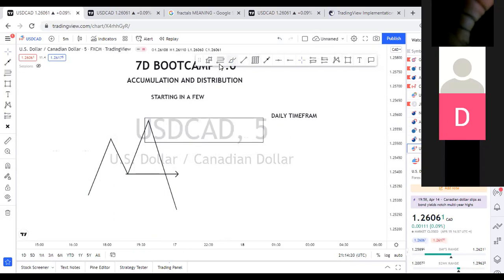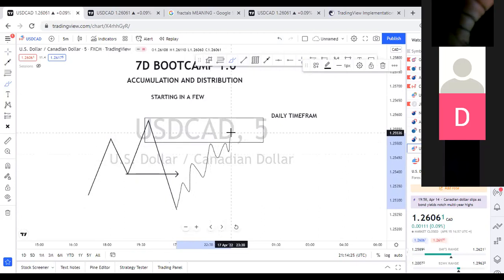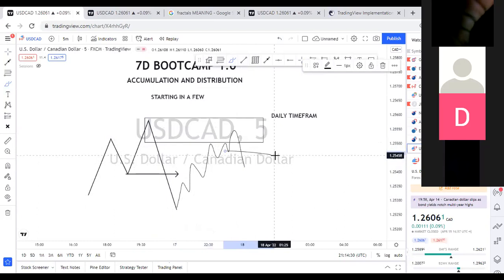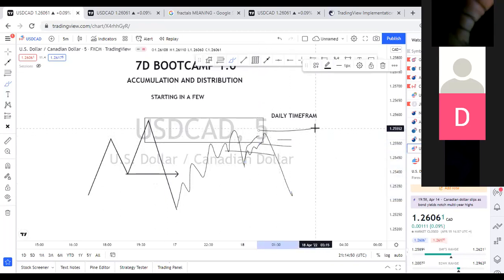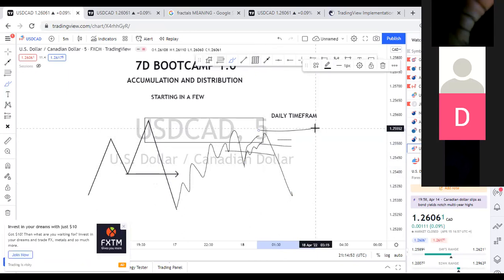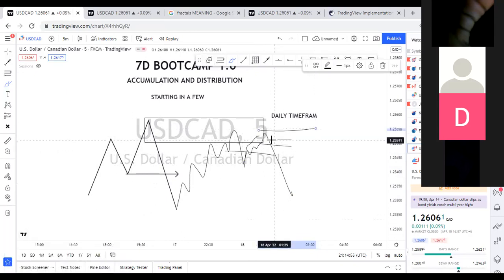So I have this, and then when price comes here, I wait for that, boom, break of structure again. Now I can decide to enter when it's coming here, or I can decide to still wait for the same signature: higher high, higher low, higher high, break of structure. When it breaks, I set my limit, set my stop loss, and I just wait for price to do its thing.